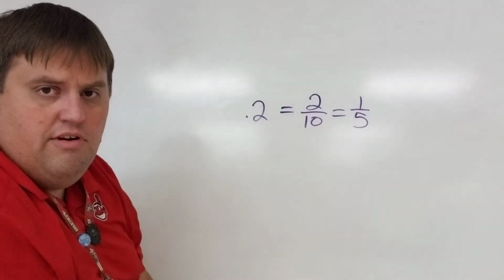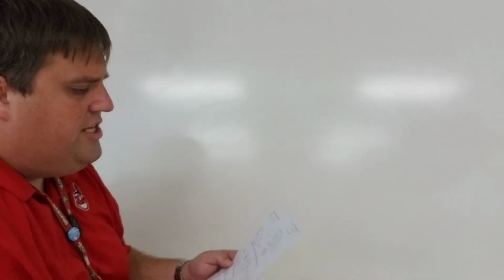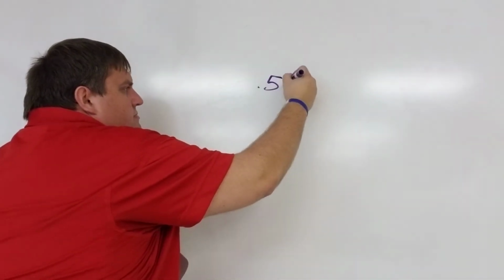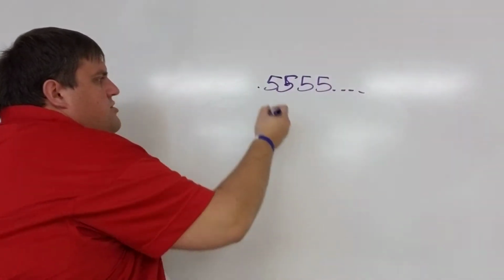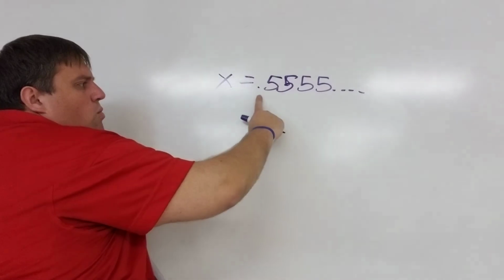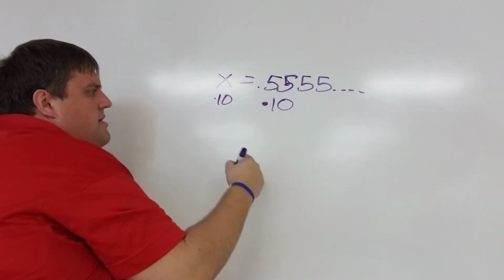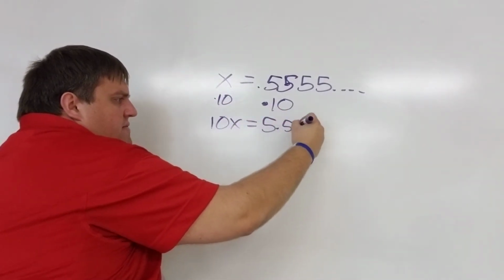Easy peasy, right? Number 30 is a repeater though, so we got to do those like the ones on the front. So we're going to set it equal to x. One digit repeats, so we're going to multiply by 10 on both sides this time. That's going to give you 10x equals 5.555555.